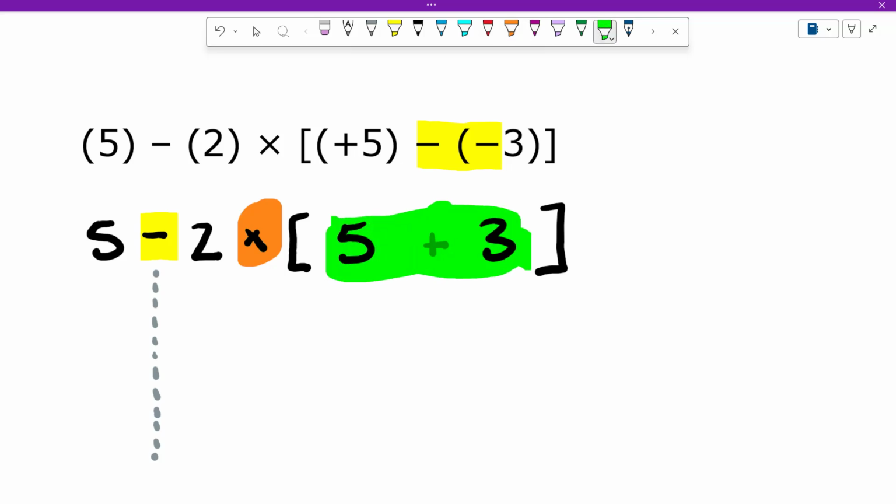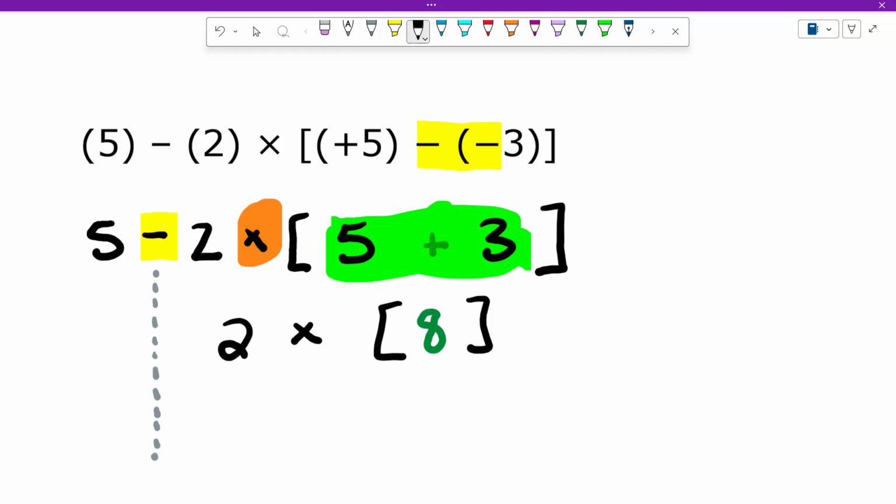And 5 plus 3 gives us 8, right? And we're going to write 8 right underneath that plus sign. Everything else stays the same. All right? Then we do our second operation, which was the times.